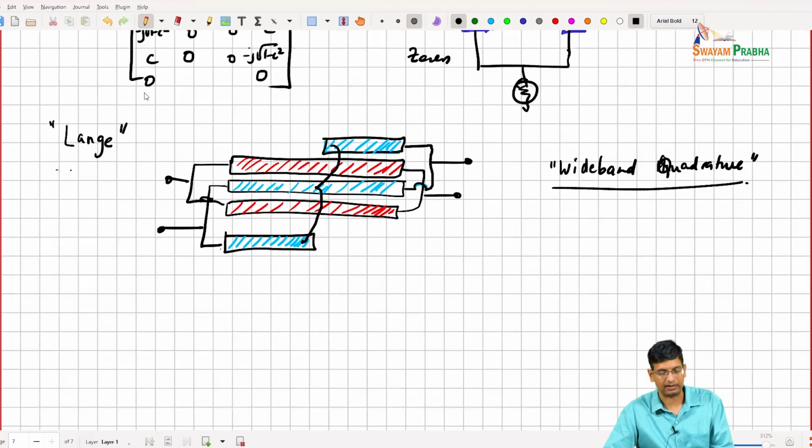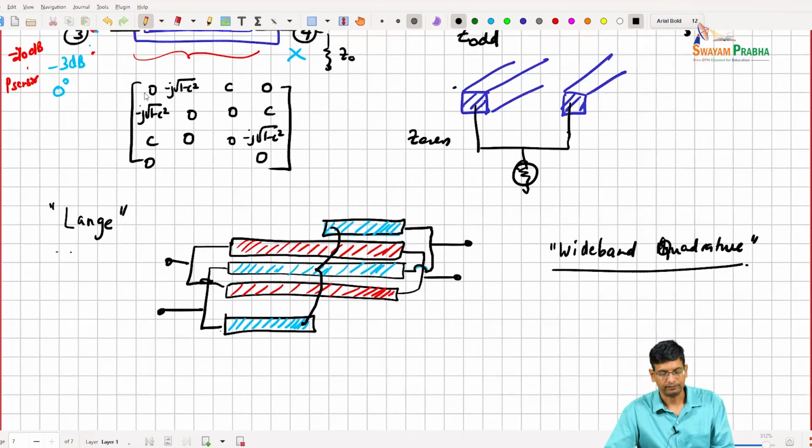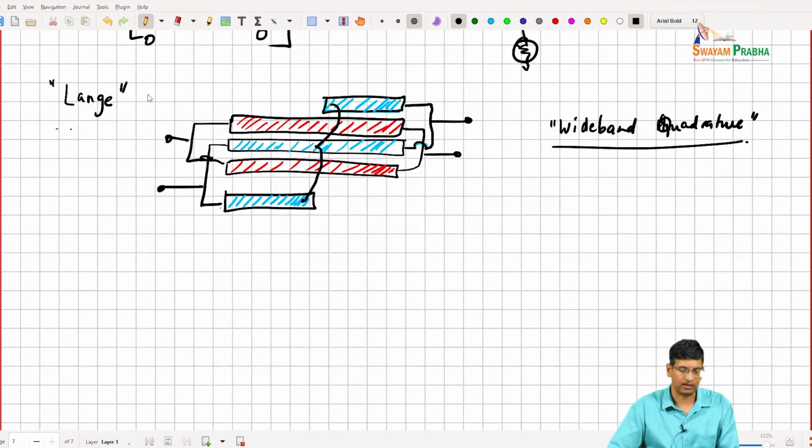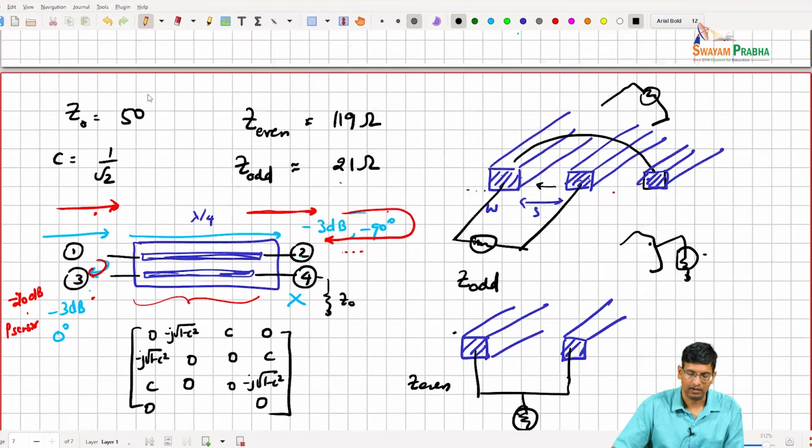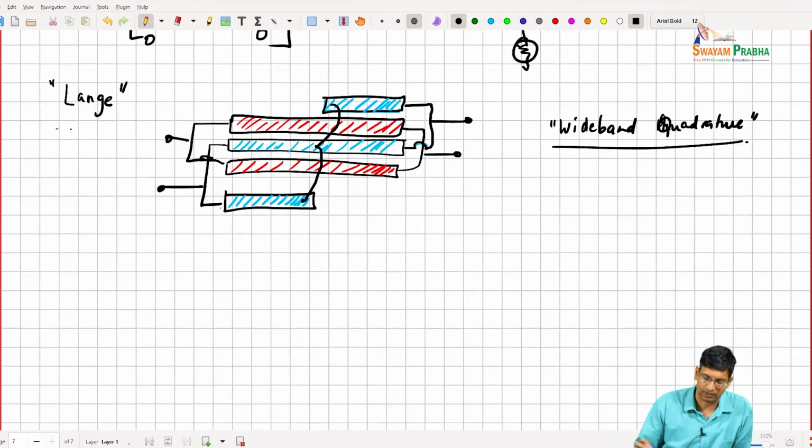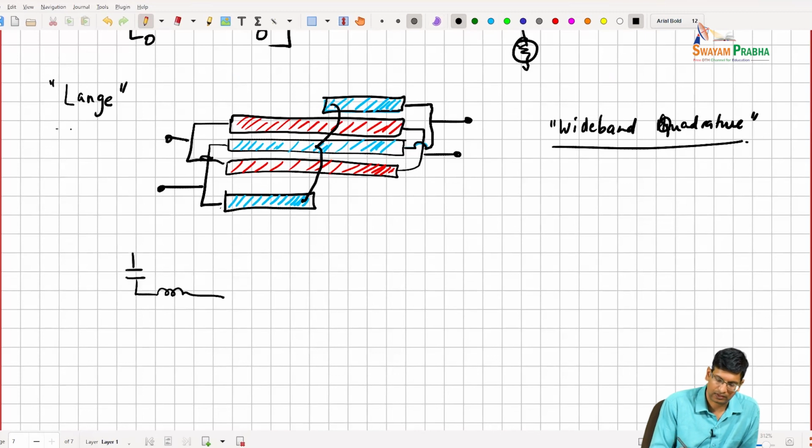So we looked at these circuits, and you can clearly see that this kind of coupling, you can think of it in terms of a transformer coupling as well. So you can basically implement quadrature couplers by building inductors and capacitors.